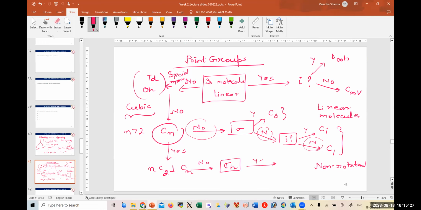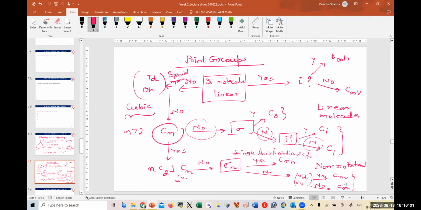If yes, then it is Cnh. If no, then check whether it is having sigma d or sigma v. If yes, then it is Cnv. If no, then it is just Cn. These are called single axis rotation groups.